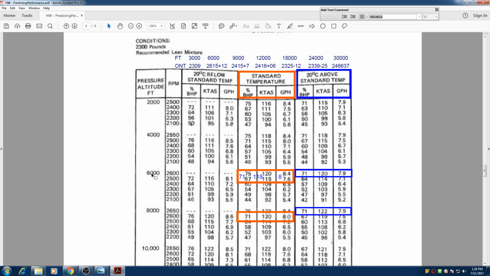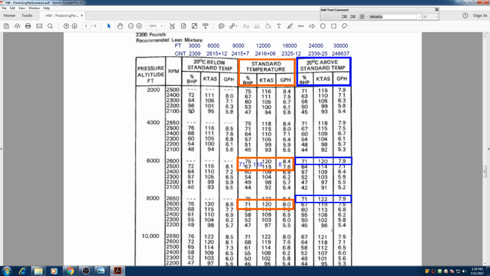If we know our pressure altitude, we can go directly to our BHP and find the percentage of power that we are going to use and read the true airspeed, which is here. KTAS is the true airspeed, and we're going to find our gallons per hour, which is our fuel burn number.